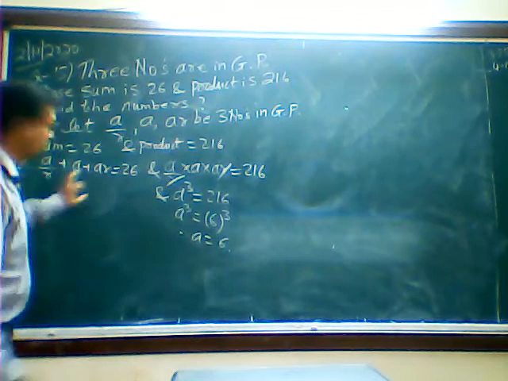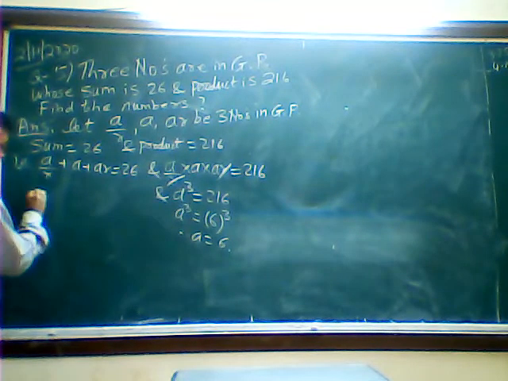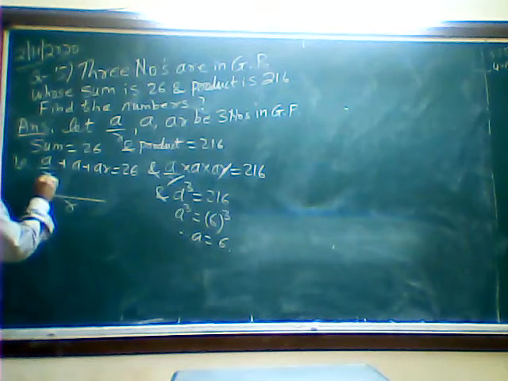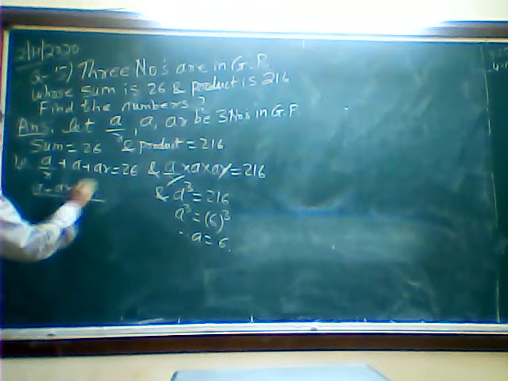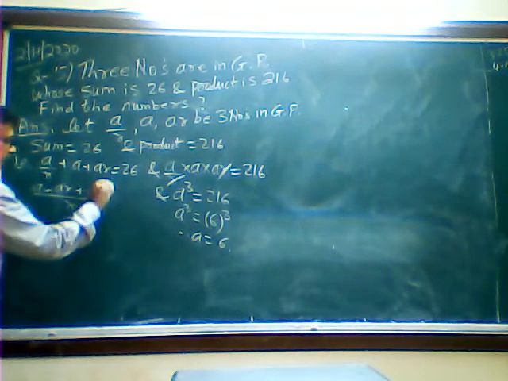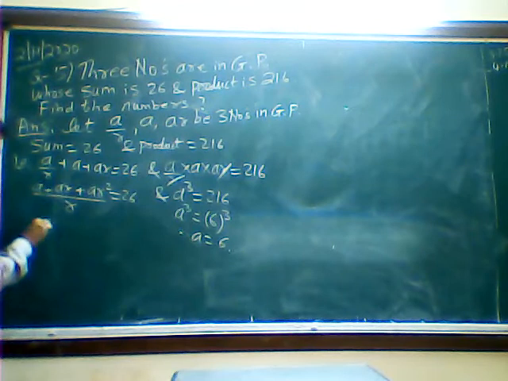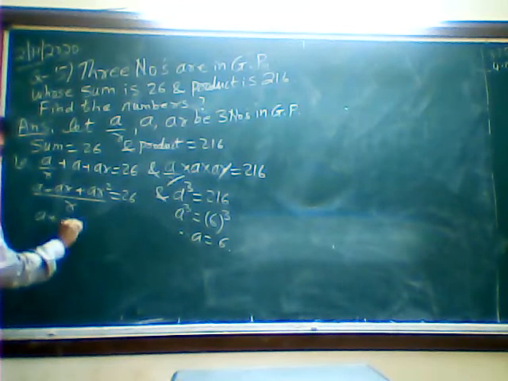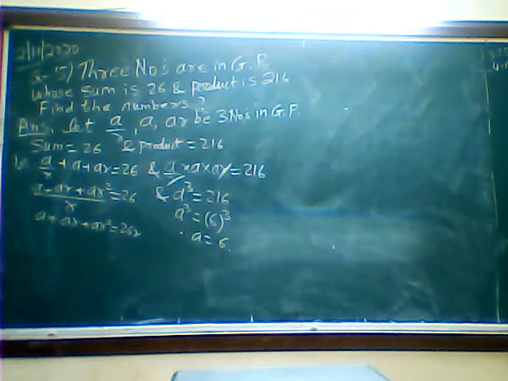This A value I will put in the sum equation and get the R value. Before that I will take the LCM here. R is the LCM. Here R will get multiplied, AR. Here also R will get multiplied, AR square is equal to 26. Again this R will get multiplied here: A plus AR plus AR square is equal to 26R.